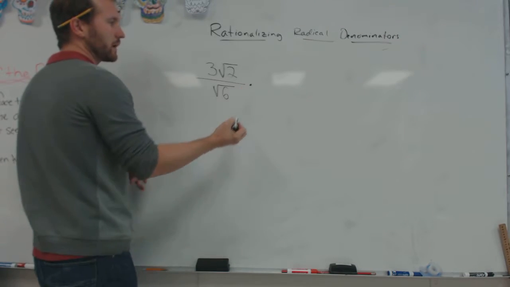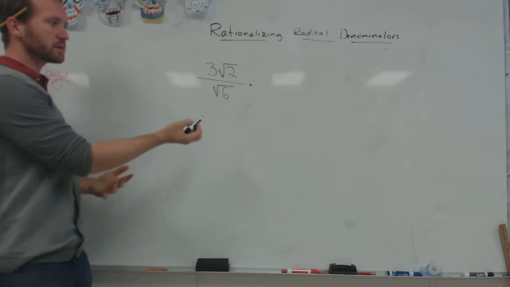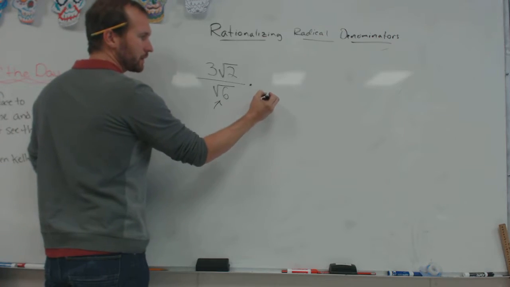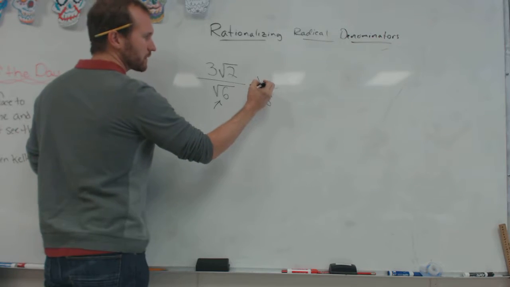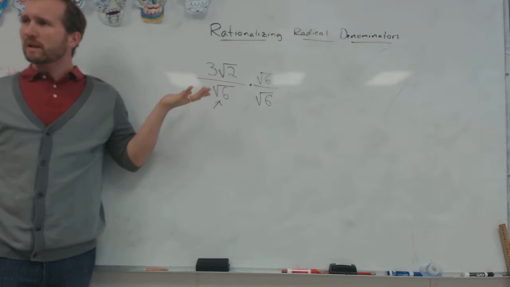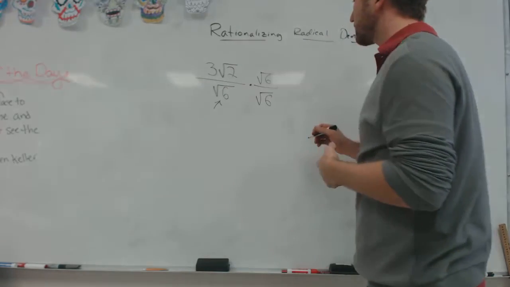What am I going to multiply by? Square root of 6 over square root of 6. I'm looking at my denominator, right? That's what I want to clear out. So multiply times the square root of 6 over the square root of 6. I don't care about the square root of 2. That's totally fine up there. So all I need to worry about is this denominator.